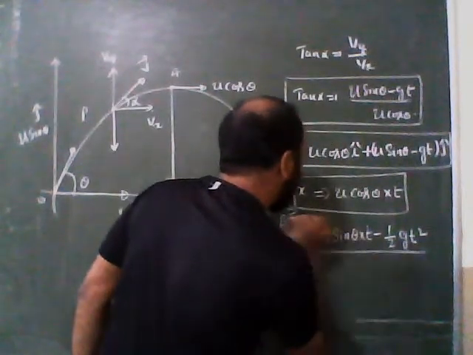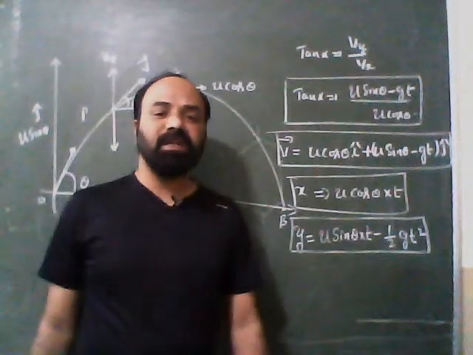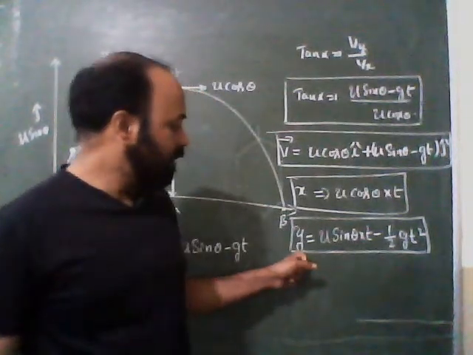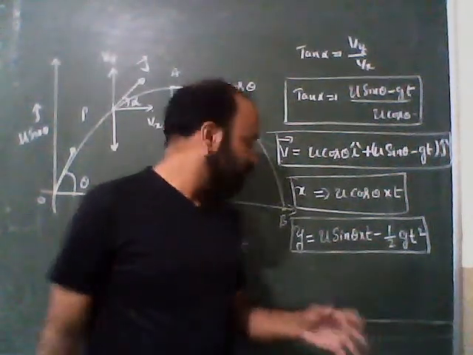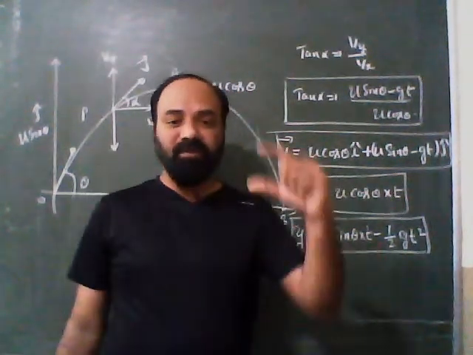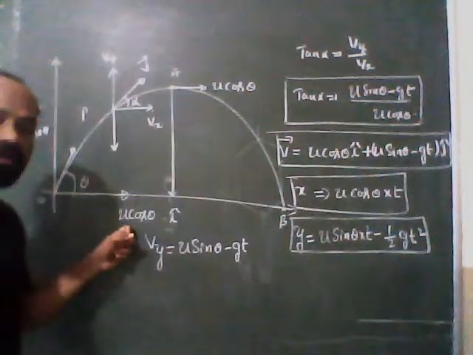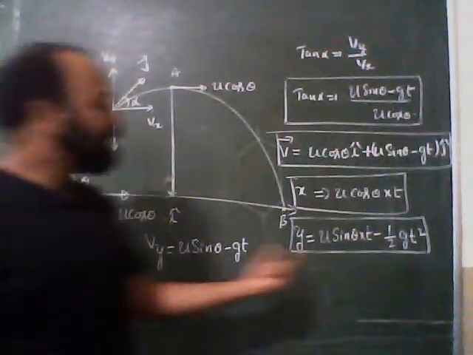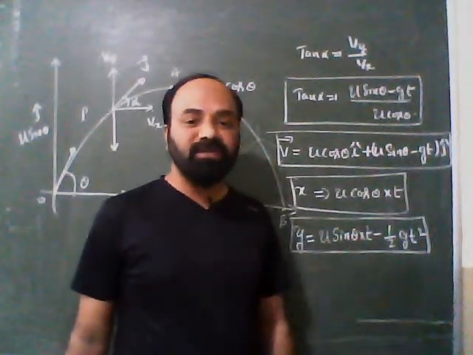This is the formula to find the vertical displacement of a projectile after t seconds: y equals u sin theta into t minus half gt square. Here u sin theta is nothing but the initial vertical velocity component, and this is horizontal and this is vertical.